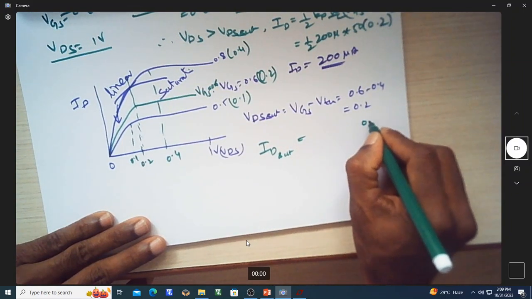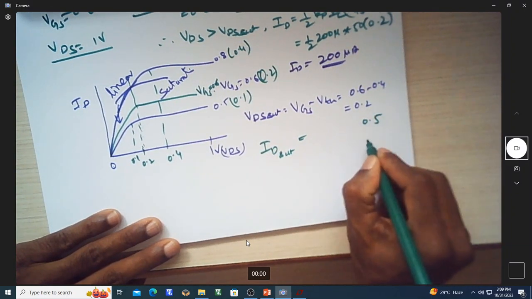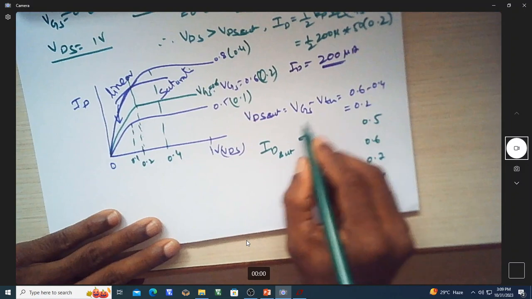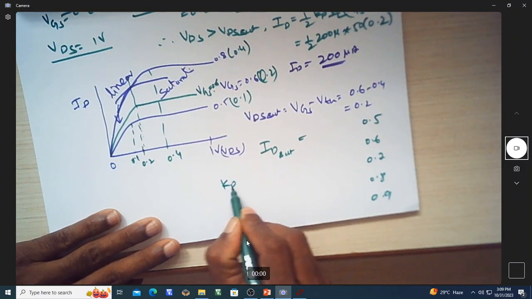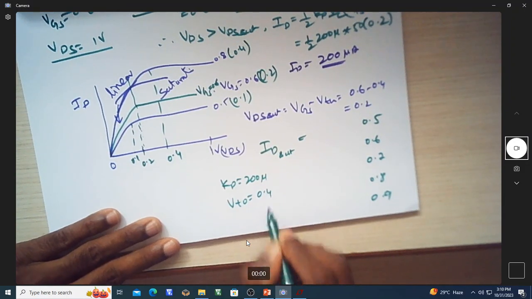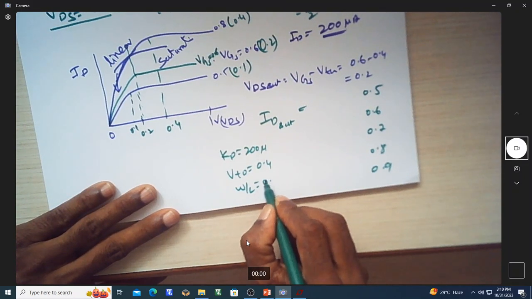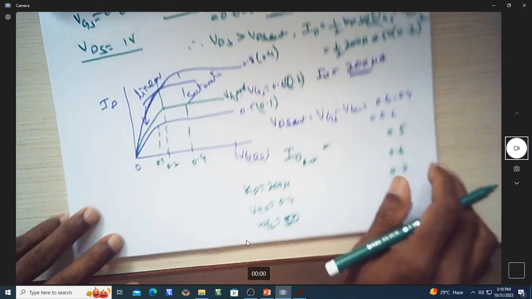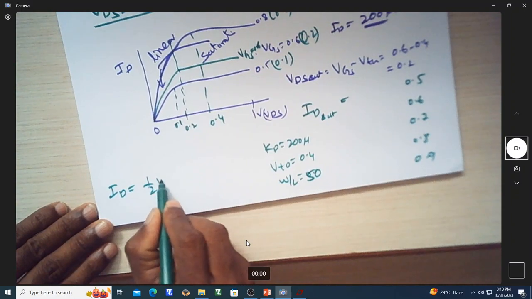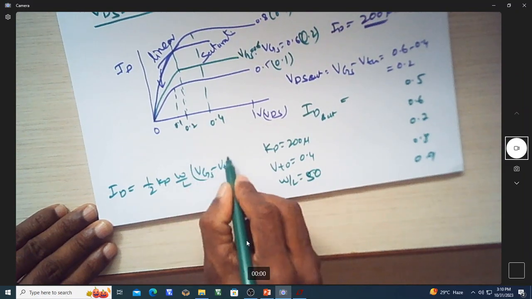Of course, there's no question of finding it for 0.3 and 0.4, but for 0.5, 0.6, 0.7, 0.8, 0.9, with Kp as 200 micro, VTO as 0.4, W by L as, sorry, I think it is 50. What equation do you want to use? You'll be using the equation ID is equal to half Kp W by L times VGS minus VTO whole square.